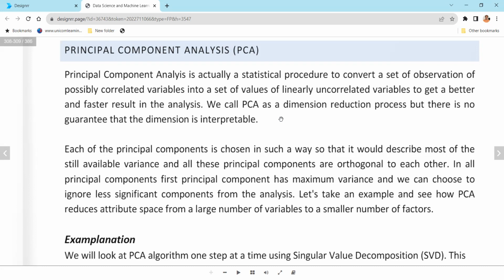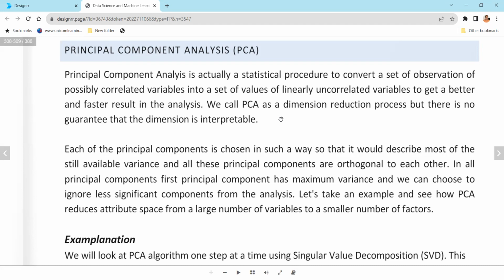So let's say you take three features. PCA will tell you the first one is contributing 80% to it, the second one is contributing 19%, and the third one is contributing 1%. You can get that data using your PCA analysis.